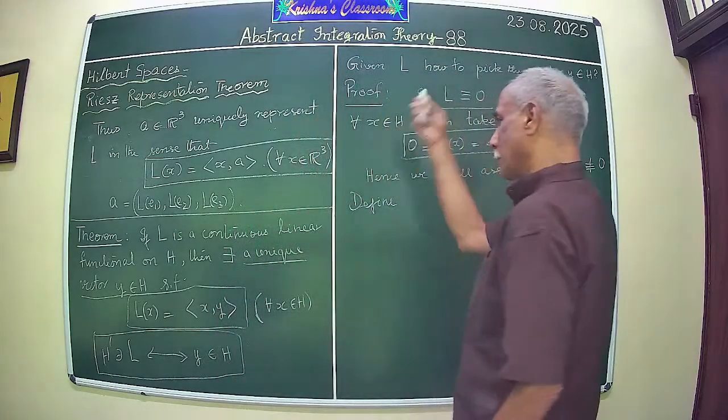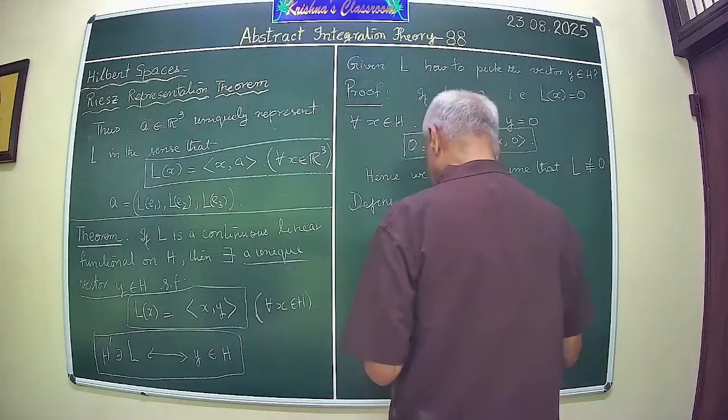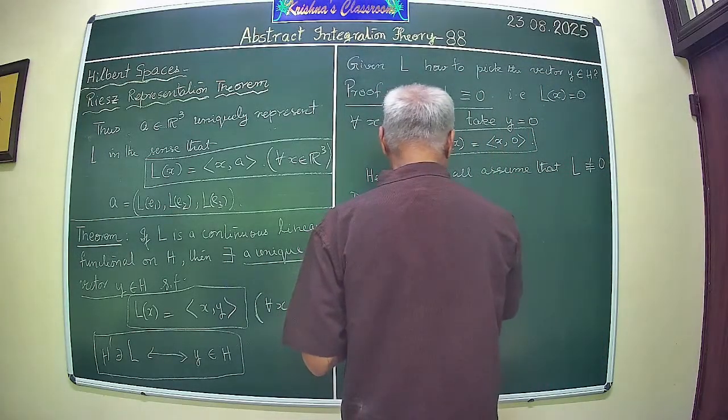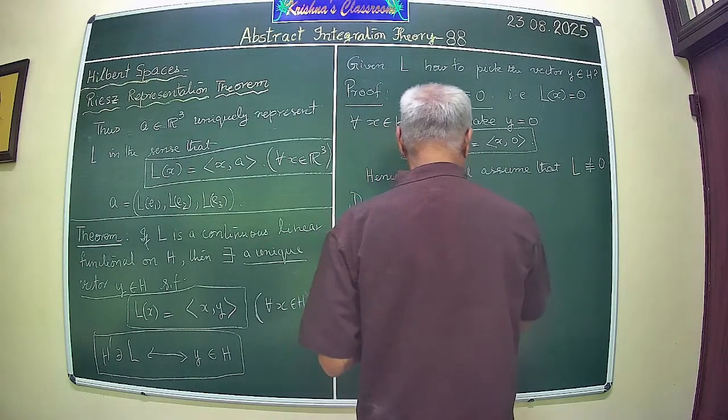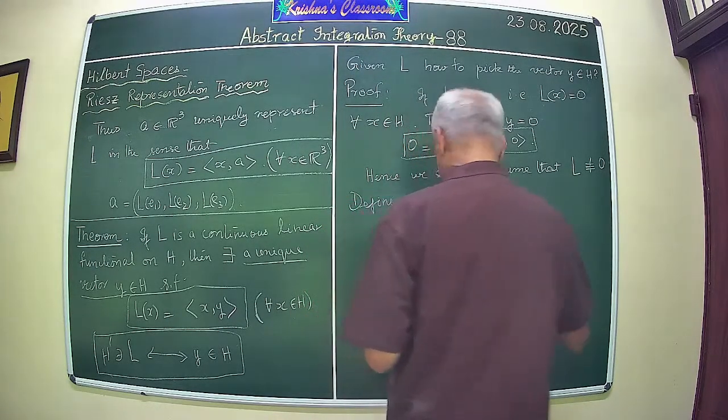We just repeat what we did in the case of R3. Okay. Define M to be the set of x in H such that Lx equals zero.